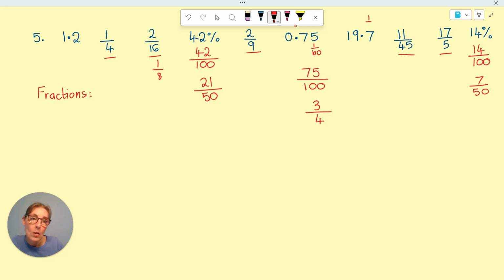This column is tenths. So we can actually write this as 197 tenths. And we can go to this one over here, and that column is tenths. So we can actually write 12 tenths.